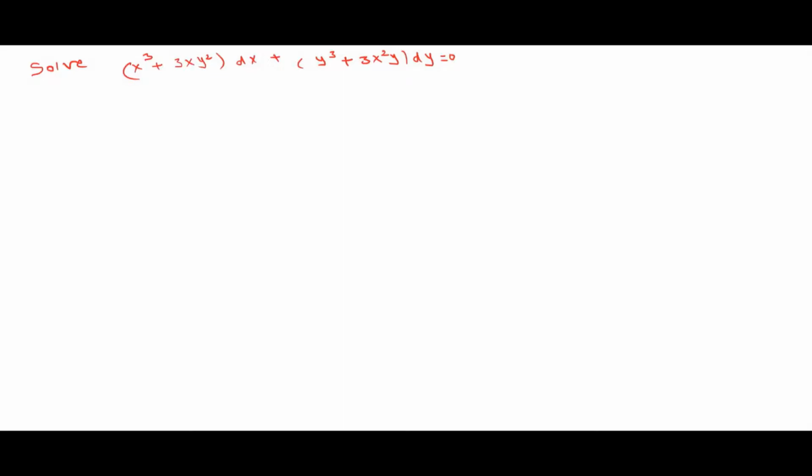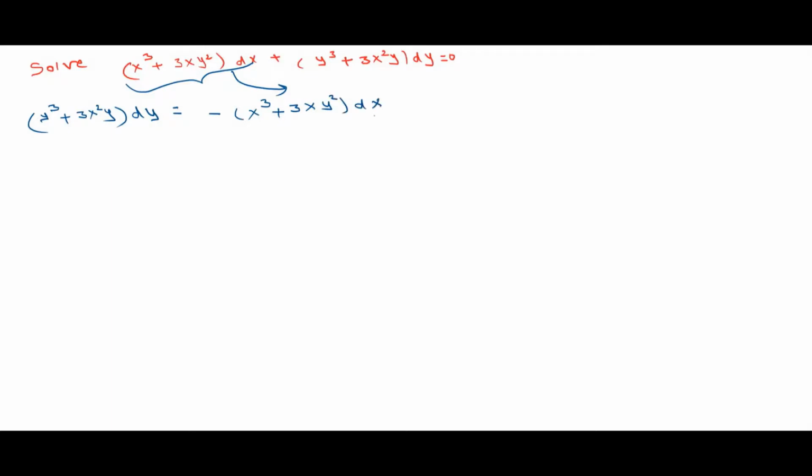To find the value for dy by dx, I will transpose this first term to the right hand side. So that is y cube plus 3x square y bracket complete dy is equal to minus x cube plus 3x y square bracket complete dx.